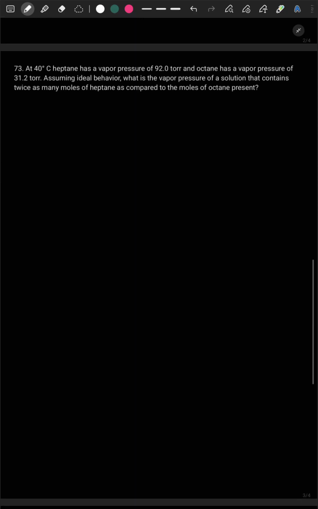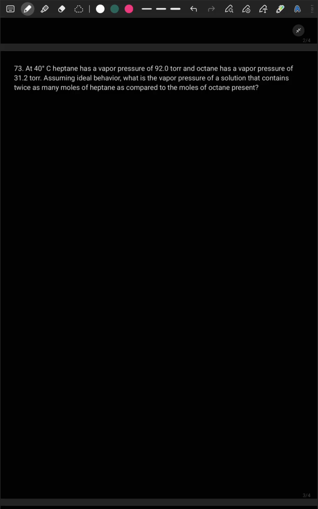So now number 73. At 40 degrees Celsius, heptane has a vapor pressure of 92 torr and octane has a vapor pressure of 31.2 torr. Assuming ideal behavior, what is the vapor pressure of a solution that contains twice as many moles of heptane as compared to the moles of octane present? So let's think about this.